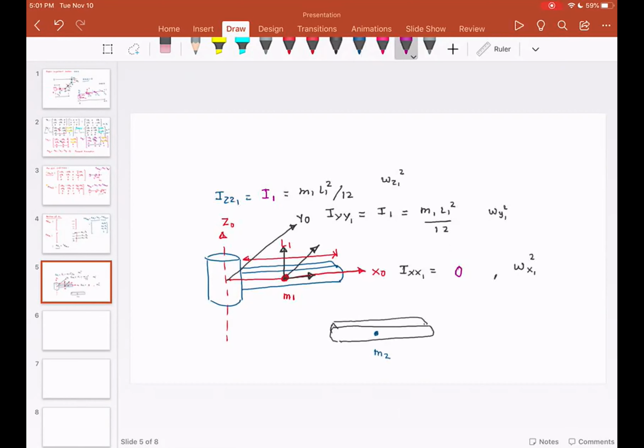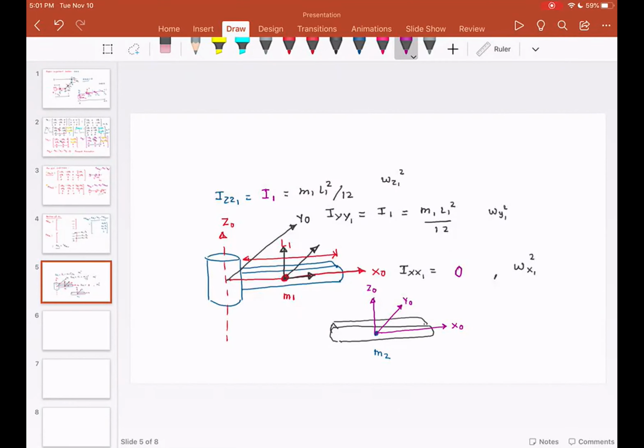And for mass M2, I need to do the exact same thing. I need to place my X, Y, and Z, which are exactly similar to X0, Y0, and Z0.